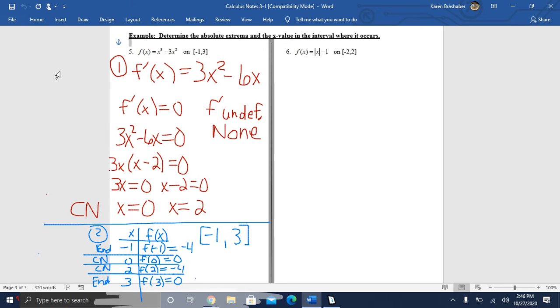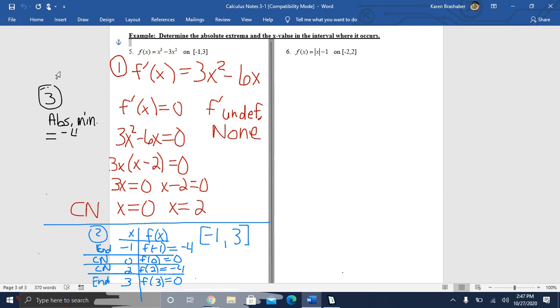And then step 3 is to state your maximum or minimum values. Now, I've run out of space down below. You should still have plenty. So I'm just going to make my conclusion up here. So for step number 3, your absolute minimum is the y value that we found.